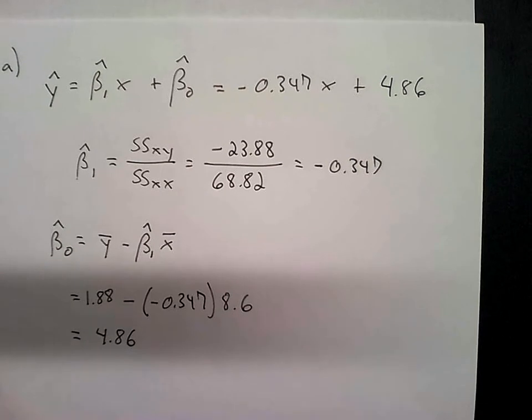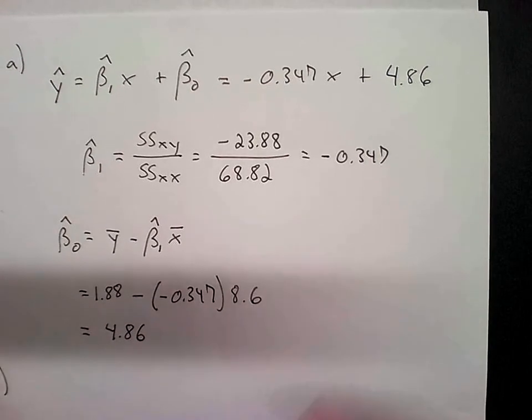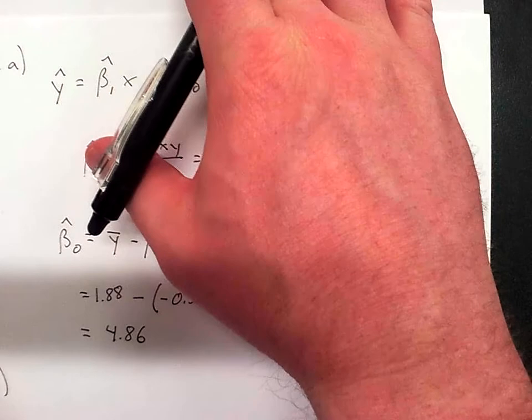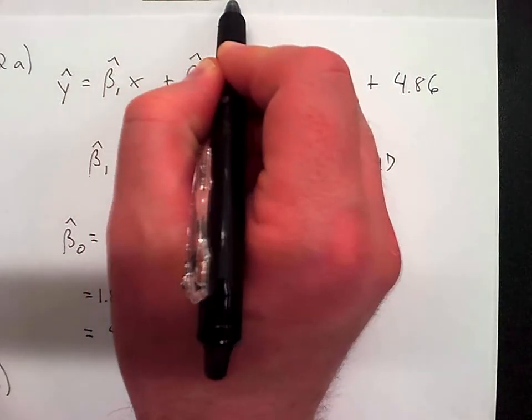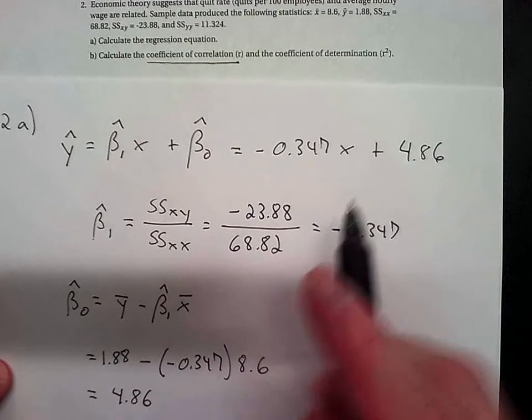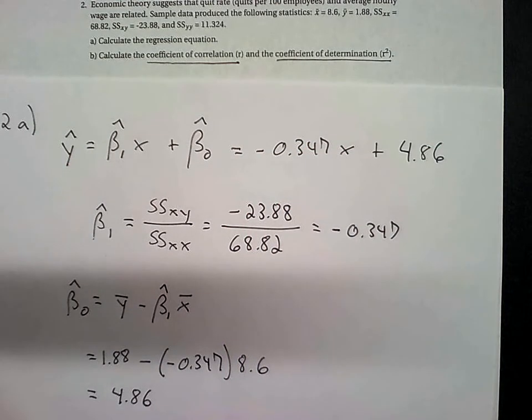Part B says to calculate out the coefficient of correlation, which is little r, and also the coefficient of determination, which is not something that we've talked about yet, but that's going to be little r squared. You should remember that the coefficient of correlation is equal to r, and that the coefficient of determination is equal to r squared.